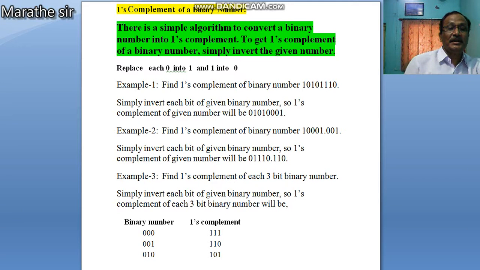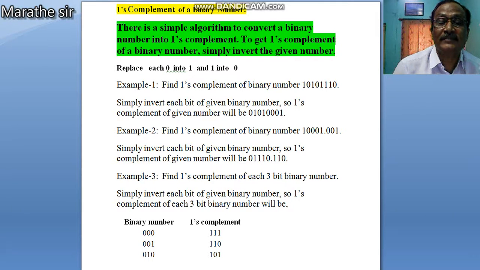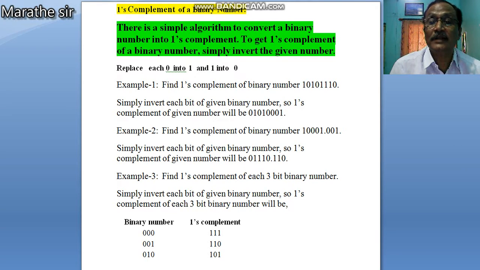Simply invert each bit of the given binary number, so the one's complement of the given number will be 01010001.